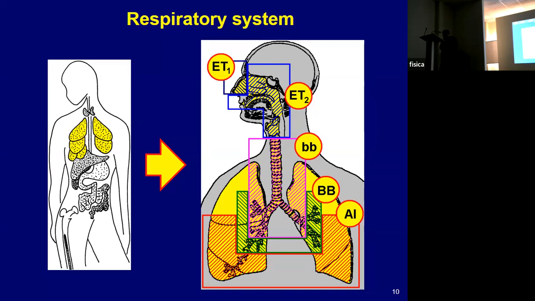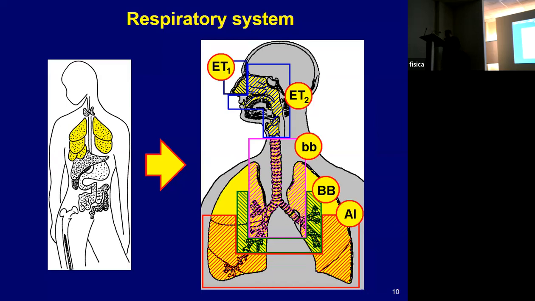The bronchiolar region, bb, small one, which includes the airways from the bronchi to the terminal bronchioles included.